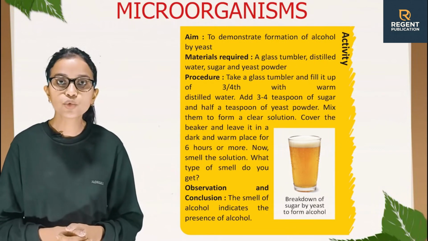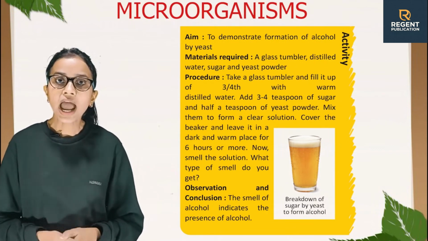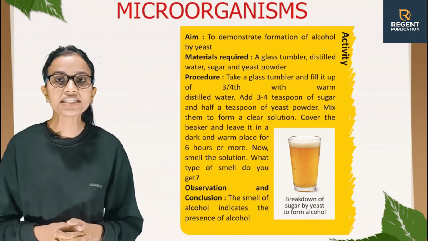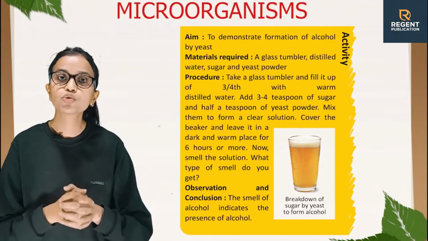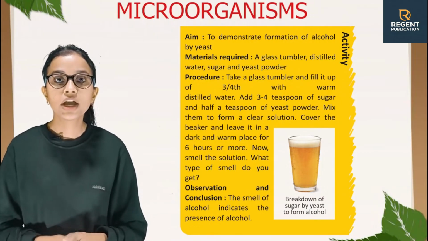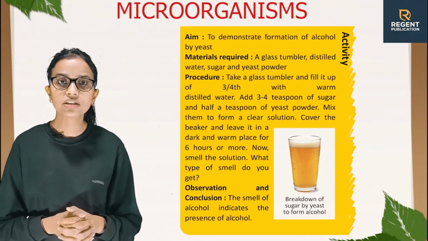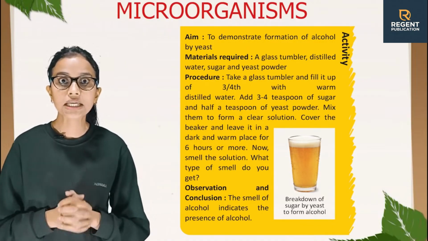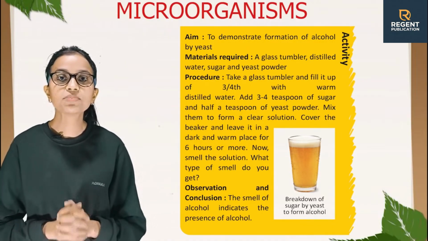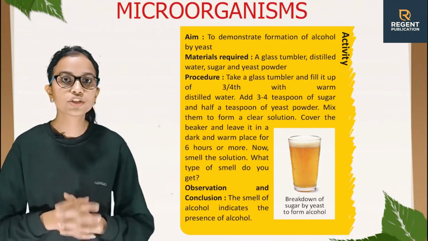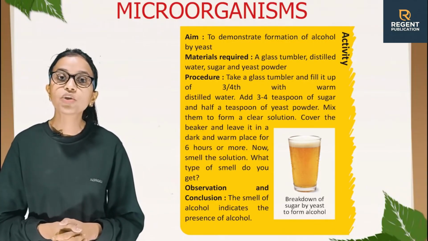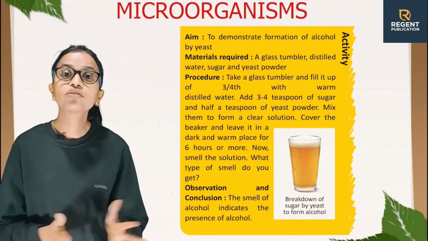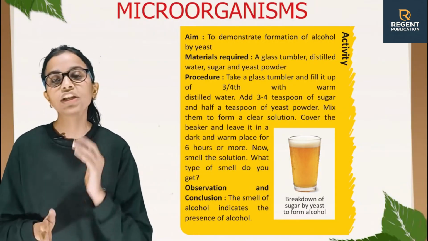Add 3 to 4 teaspoons of sugar and half a teaspoon of yeast powder. Mix them to form a clear solution. Cover the beaker and leave it in a dark and warm place for 6 hours or more. Now smell the solution. What type of smell do you get? Observation and conclusion: the smell of alcohol indicates the presence of alcohol.